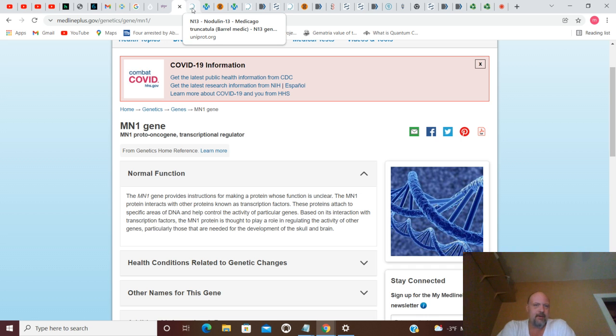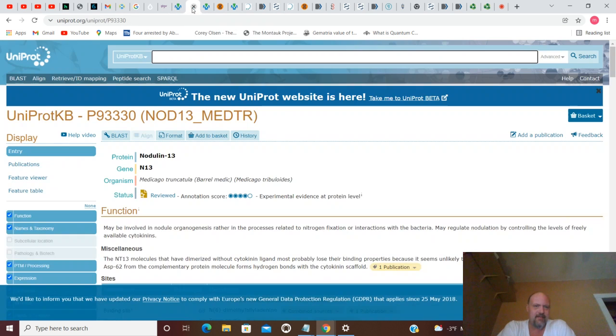All right. If we move on from that, you have N13. And N13 ends up being nodulian. I don't know if I'm pronouncing that right. 13 gene. It's the N13 gene. May be involved in nodule organogenesis rather than in the processes related to nitrogen fixation or interactions with the bacteria.